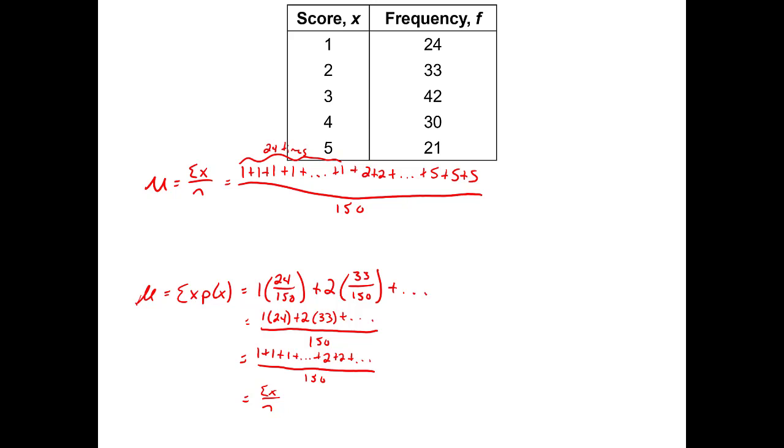So by saying we're going to add 1 to itself 24 times, all we're really saying is 1 times 24, right? And then 2 times 33 is the same thing as 2 plus 2 plus 2 plus 2, 33 times. So all we're doing here, we're condensing that repeated addition into the multiplication.